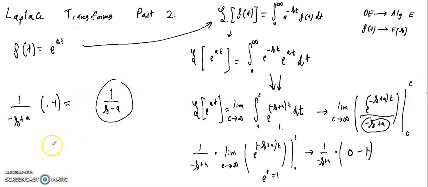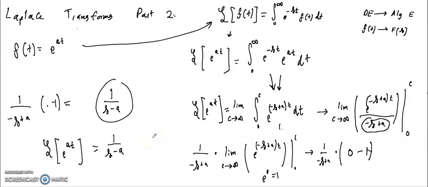So the Laplace transform, the algebraic form of e to the at in terms of this new variable s, just equals 1 over s minus a. It's going to become more and more clear as we do more examples, and you're probably still looking at this like, what does this mean?